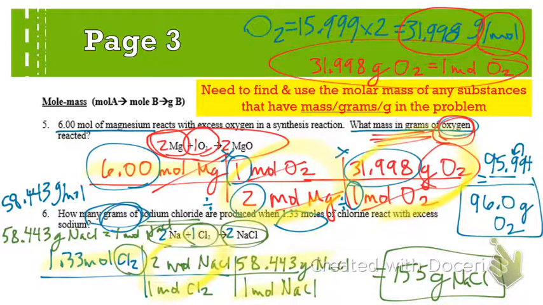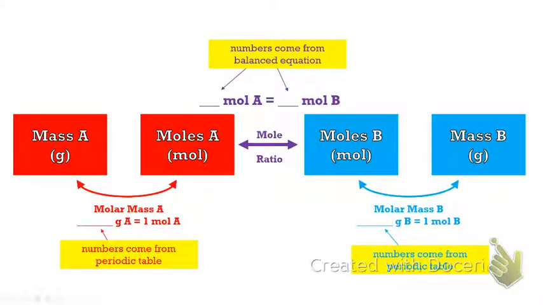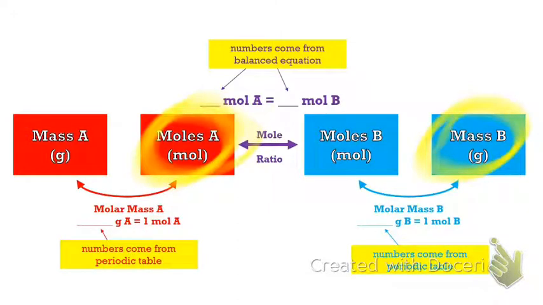They're similar, but unique to each. In each of those situations, we were going from moles of our given to mass of my unknown. The first thing I did was use my mole ratio, and then I used my molar mass of that unknown substance, the second substance. So that's why they look the same.